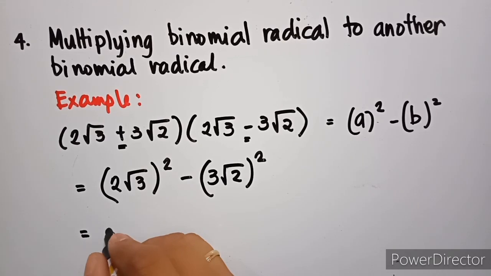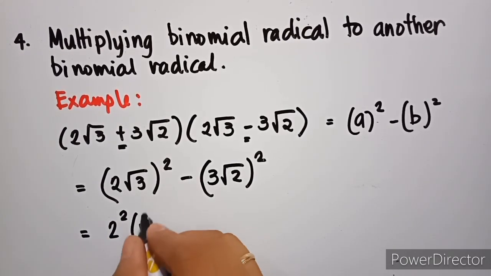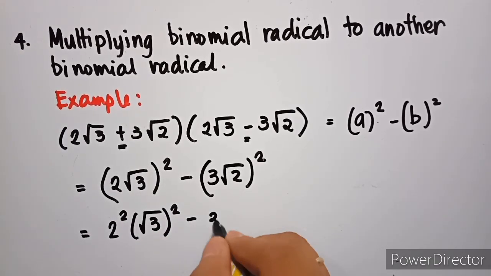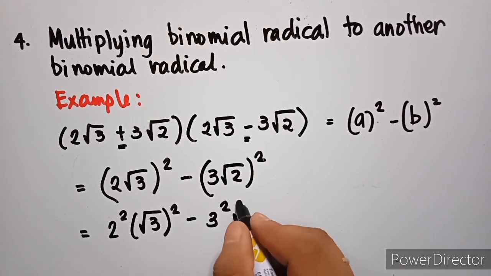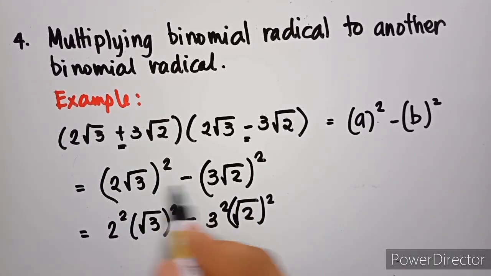So this is equal to 2 squared times square root of 3 squared minus 3 squared times square root of 2 squared. So dinistribute lang natin yung squared.